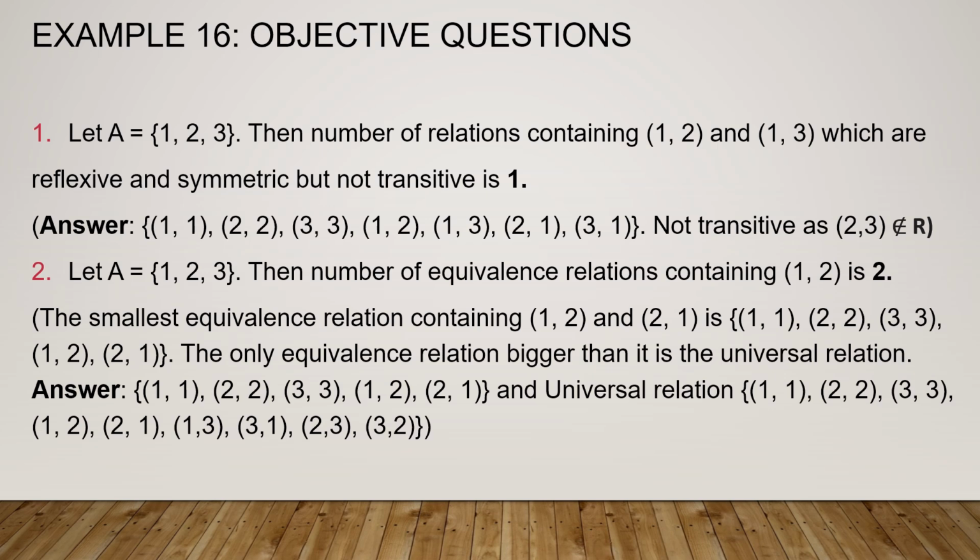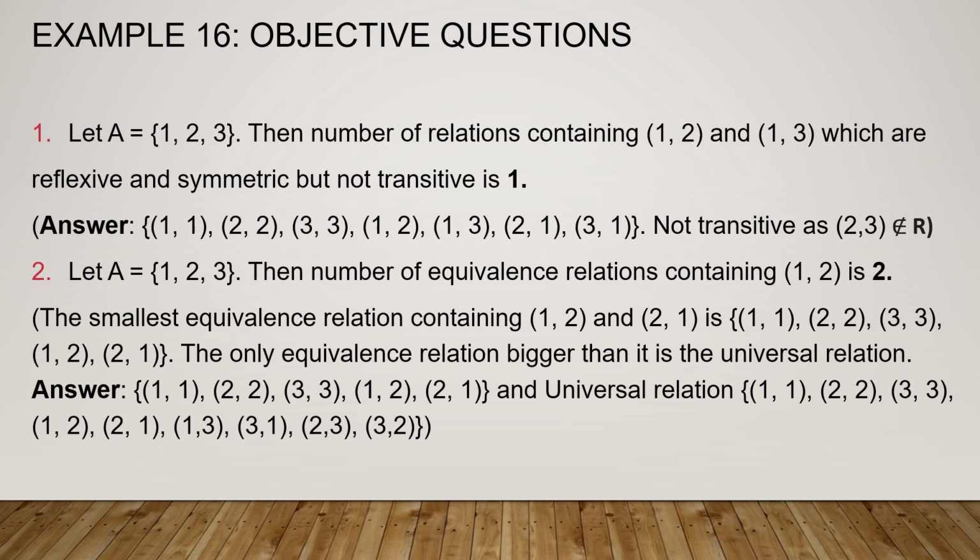Remember in the previous video we had discussed what is reflexive: an (a, a) type of pair belongs to it. Symmetric, if (a, b) belongs to the relation, (b, a) will belong to the relation. So here (1, 2) is there, (2, 1) is also there. (1, 3), since you need (1, 2) and (1, 3), so (2, 1) and (3, 1) should always be there. So now this is reflexive and symmetric.